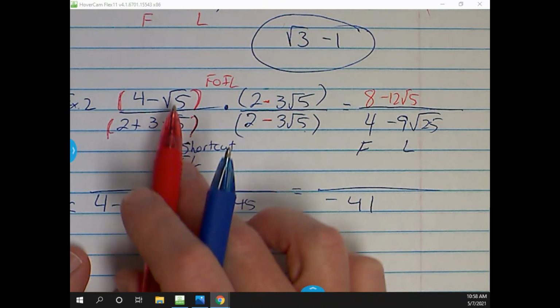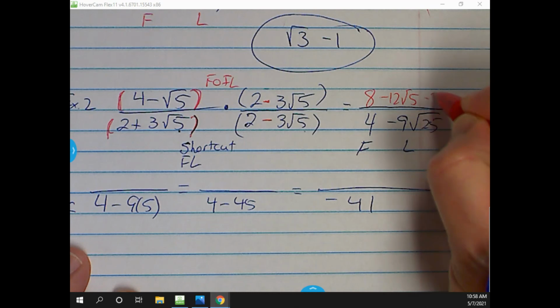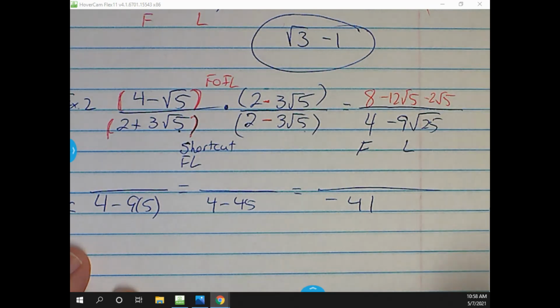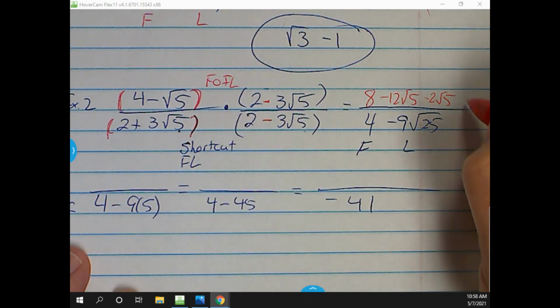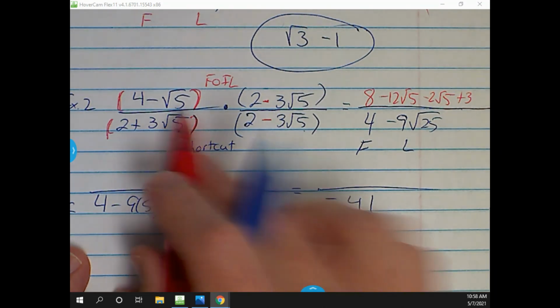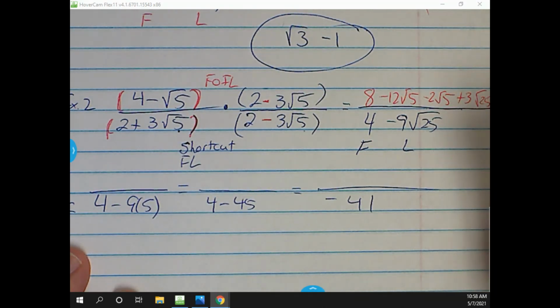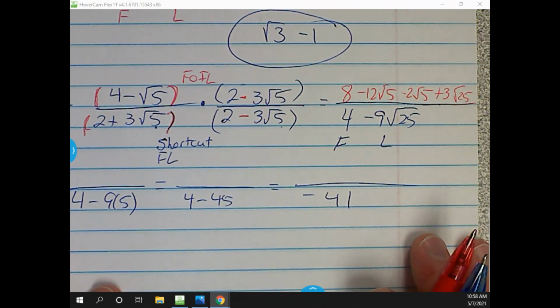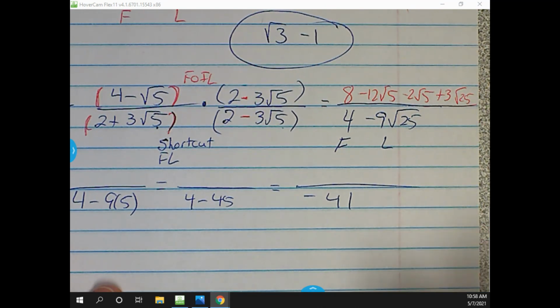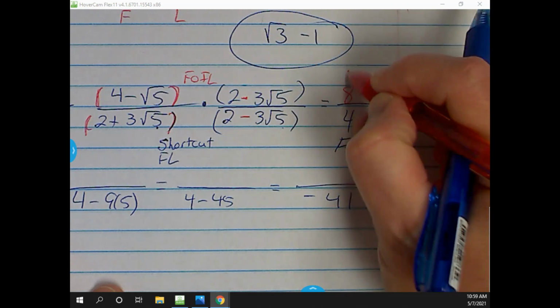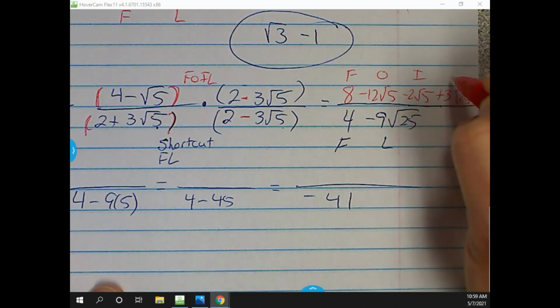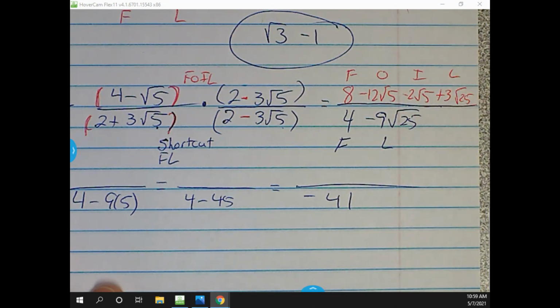We've got negative square root of 5 times 2, so that's a negative 2 square root of 5. And then we've got a negative times negative, that's a positive 3. And then if we do 5 times 5, that is the square root of 25, which is barely fit. Okay, so doing the full method here, there's what we get.